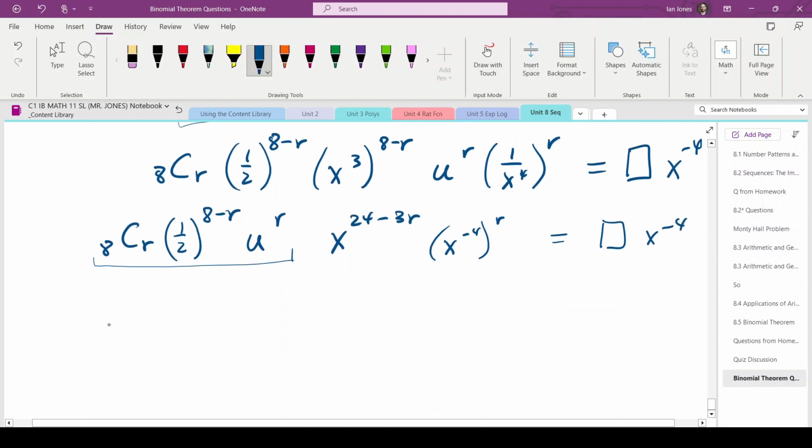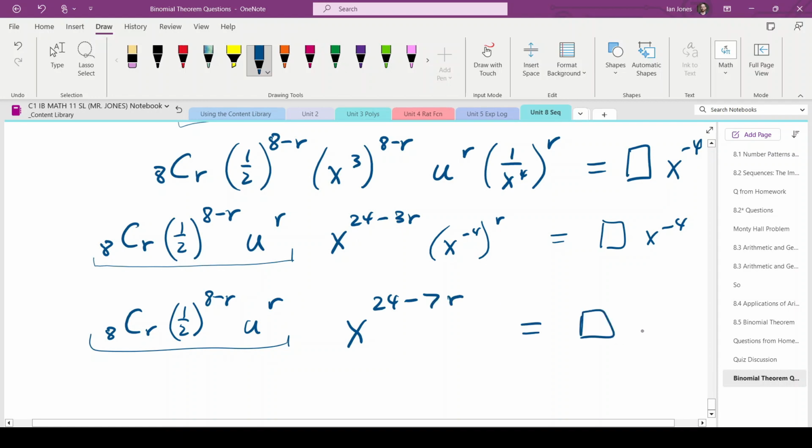I have this rather unpleasant looking coefficient here. This is going to be an x to the negative 4 to the r. That's minus 4r. Add them together, I get x to the 24 minus 7r. And I want this part to match this part.